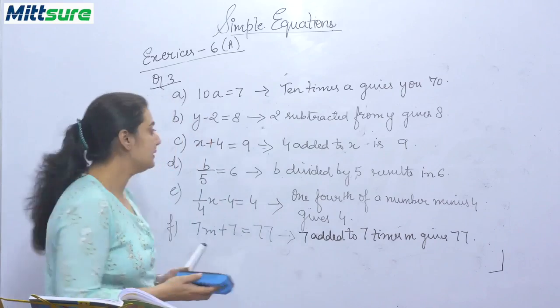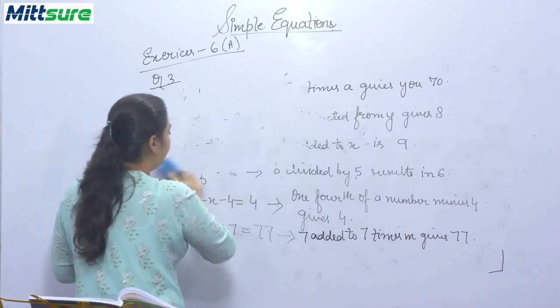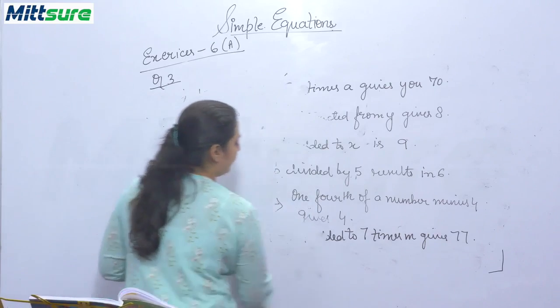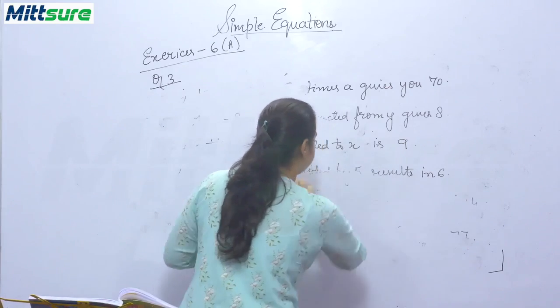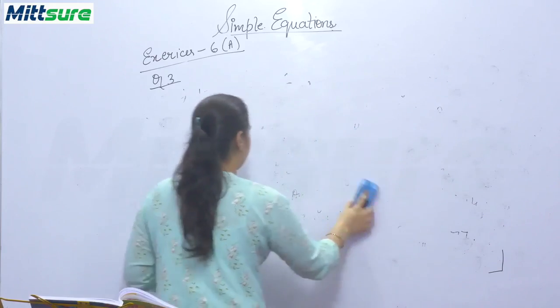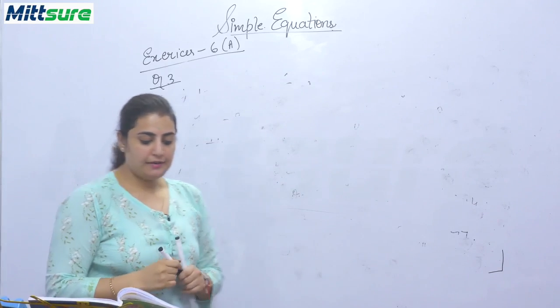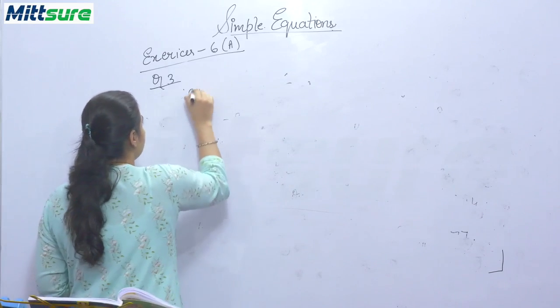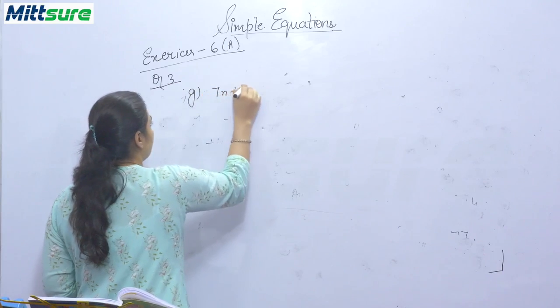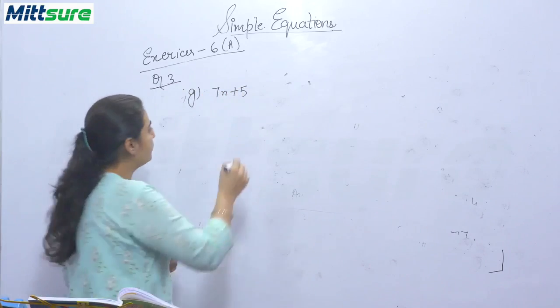Now the next is G part. Now let us see what is there in the G part. Now G part says 7n plus 5 equals 19.